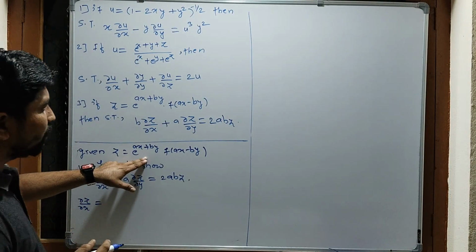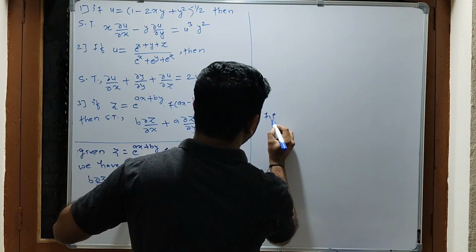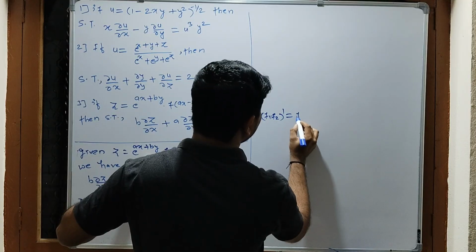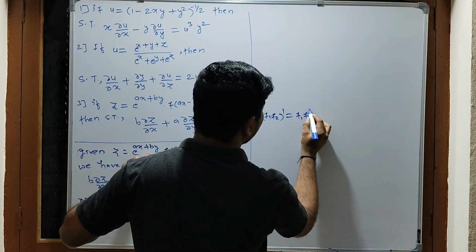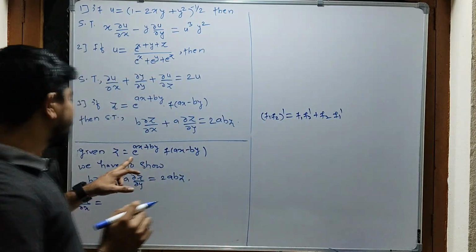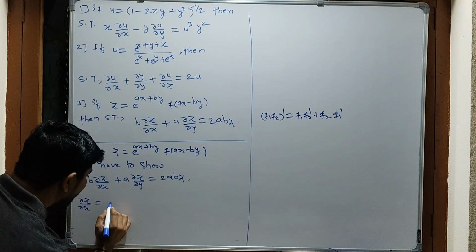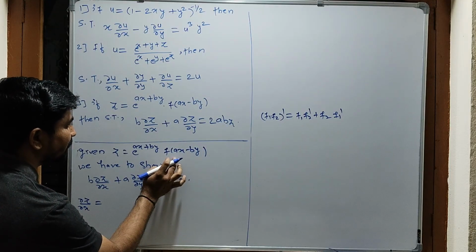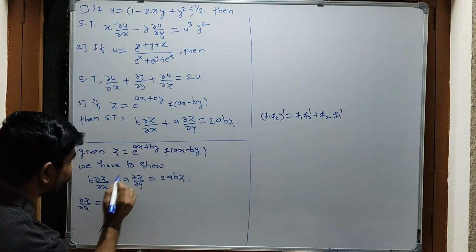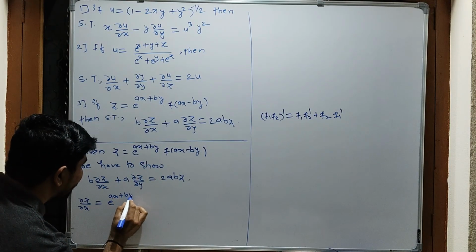Now this is a product of two functions, f1 into f2: derivative of f1 as it is, derivative of f2, plus f2 as it is into derivative of f1. Let's say this is my first function and this is my second function. Here I will take e to the power ax plus by as it is.